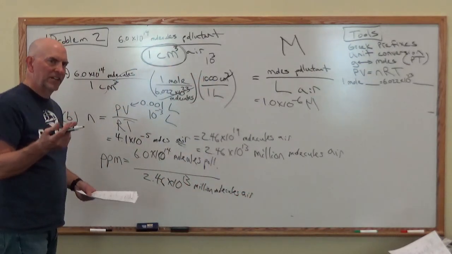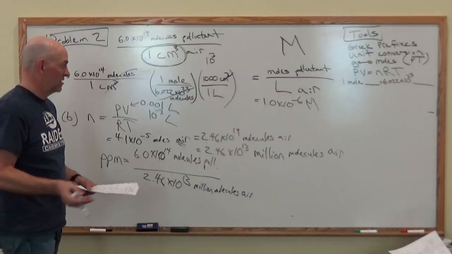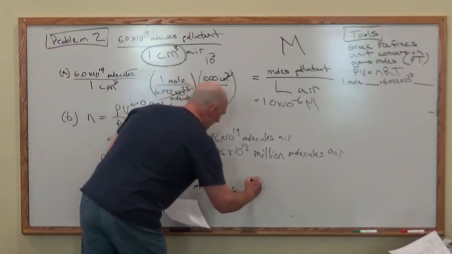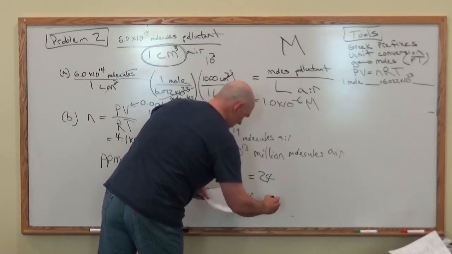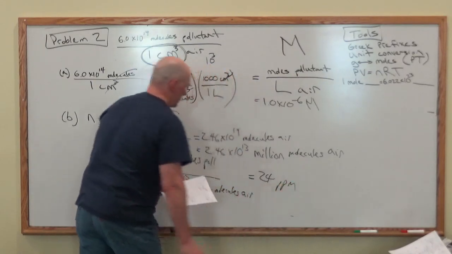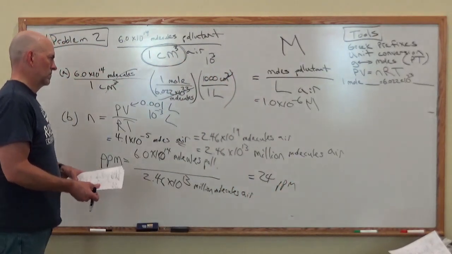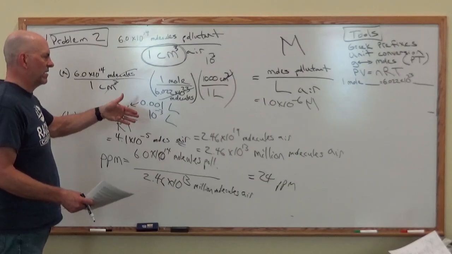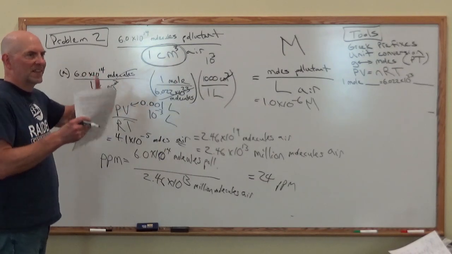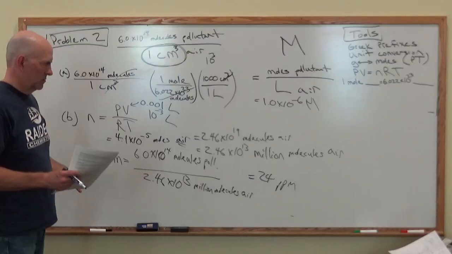Again, there may be a better way to do this. I have a solutions manual in the book, and maybe they do it differently too. But I came up with 24, because that's the answer. Parts per million, because you scale it for per million molecules of air.